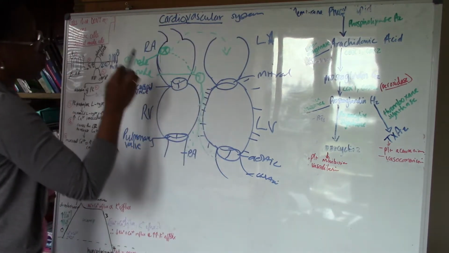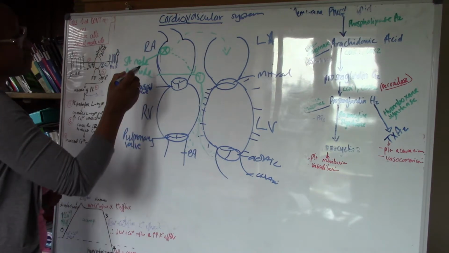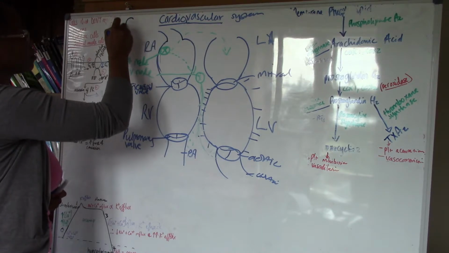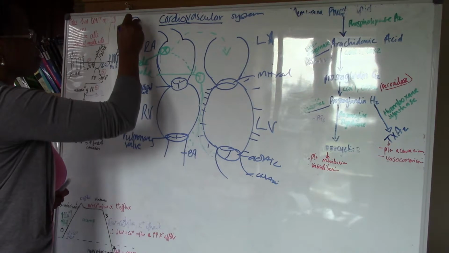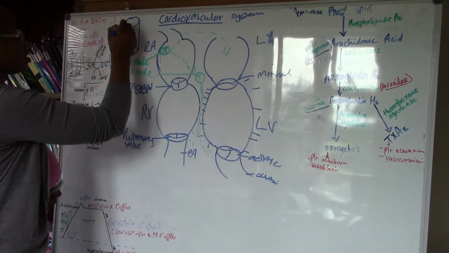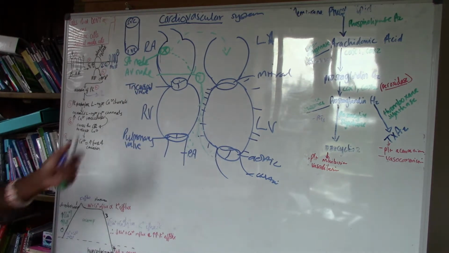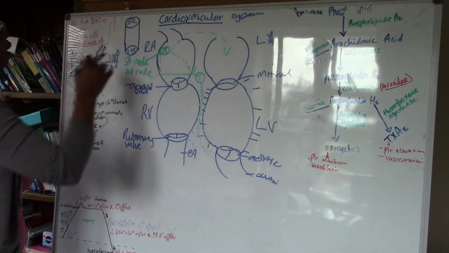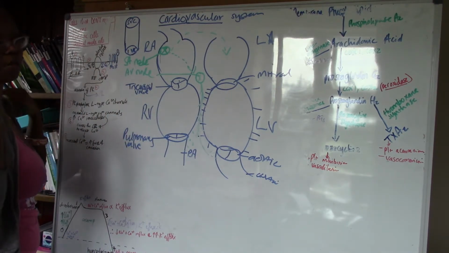On the right atrium, we have the superior and inferior vena cava joining together and bringing blood from, so this is the superior vena cava, this is the inferior vena cava. They bring blood from the superior aspect of the body, that is the head and neck, and the upper body.